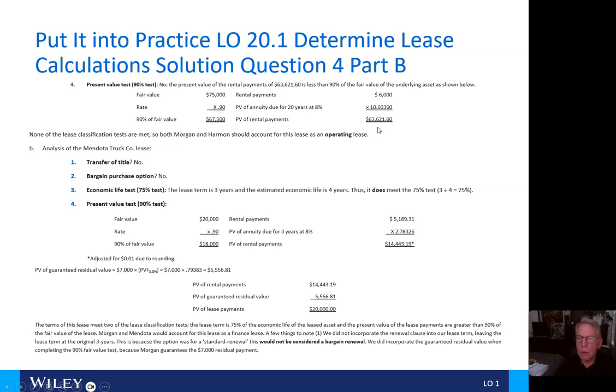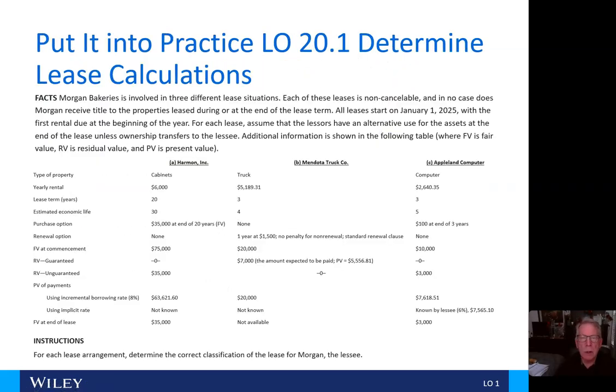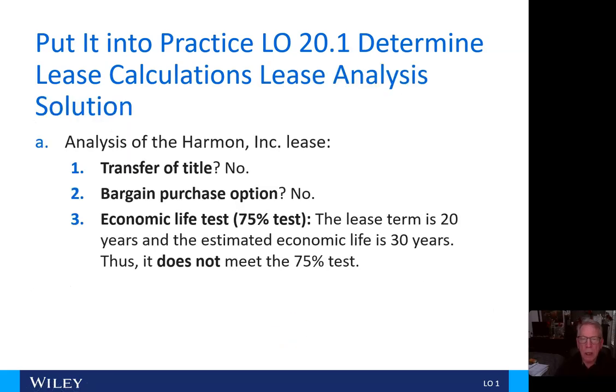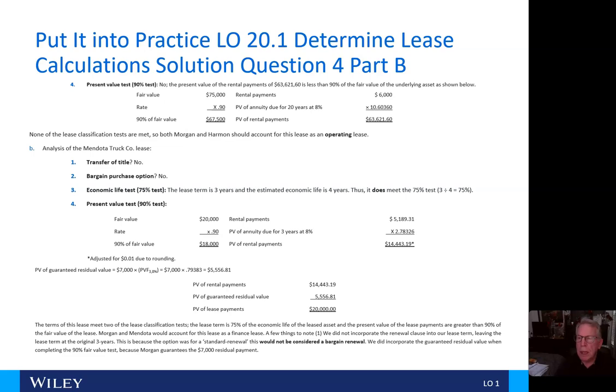Okay, so let's go back to the Mendota Truck Company, and here we're talking about a truck, lease term of 3 years, economic life of 4 years, etc. So now, if we analyze that lease, is there a transfer of title?